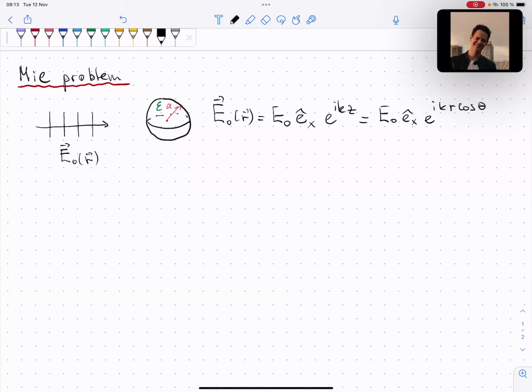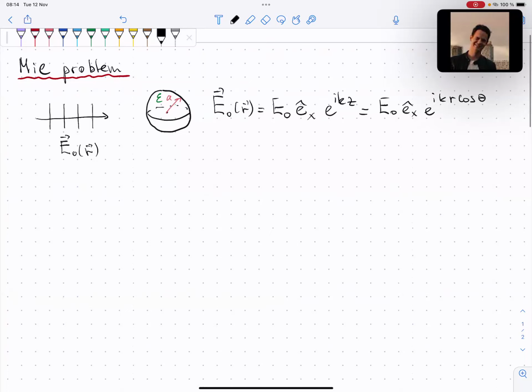It was the basis of vector spherical harmonics. And basically, the brief recipe to solve this problem is the following.